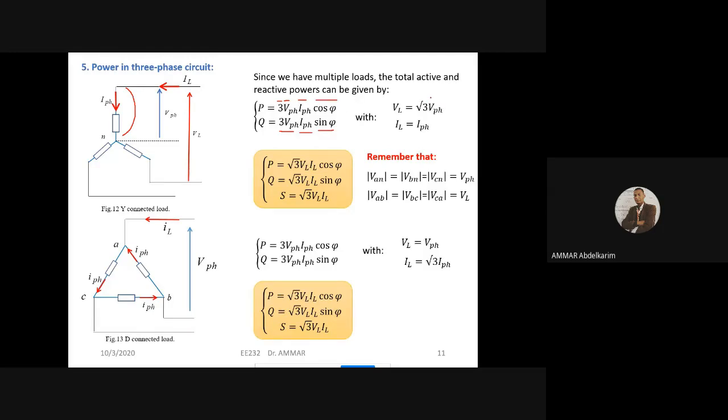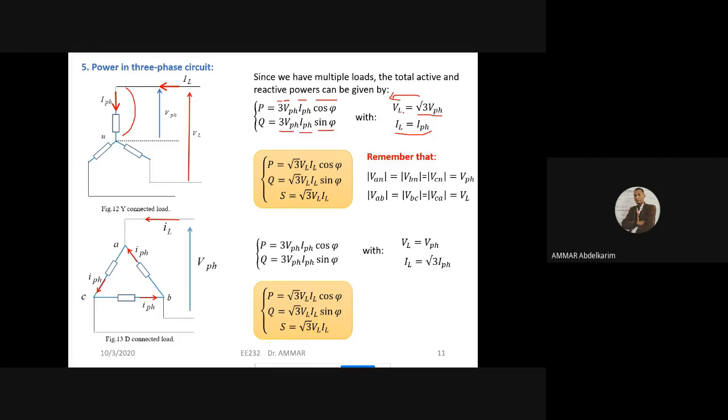But we can replace the phase voltage with the line voltage. In the Y connection, V line equals square root of 3 V phase, while the line current is the same as the phase current.